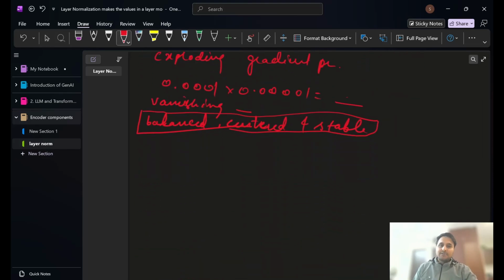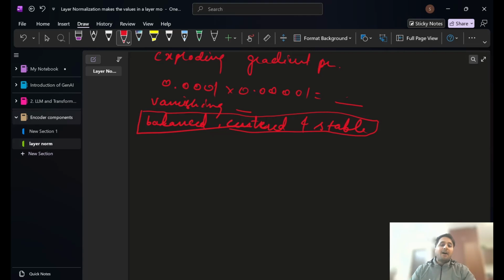Layer normalization is applied on features, not on batches. Since in language modeling there are sequences of different sizes, we are not using batch normalization here. We are using layer normalization, applied on each vector that represents a word.